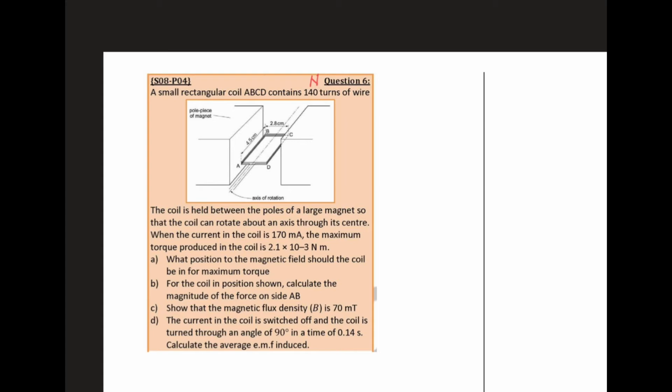Okay, so let's say I set a direction of the current. Let's say the current goes in from here. So then the current comes out from here. So here they go in, and here they go out.